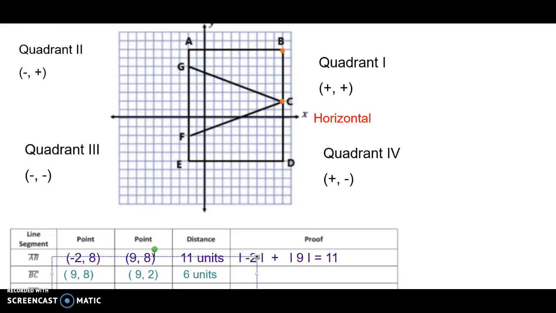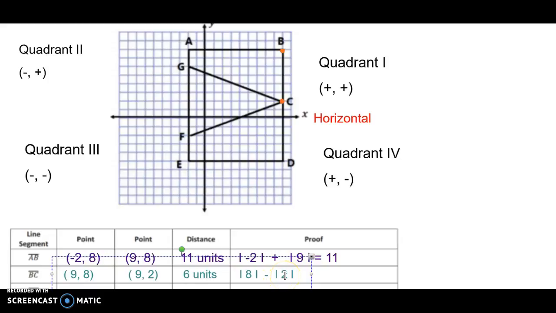So this is a little bit different than our first one. We notice, again, this time, our x-coordinates are the same. So they're both 9. And we need to think, though, since they're both the same signs, this is when we subtract. So we need to do our absolute value of 8 and our absolute value of point C. And the absolute value of 8 is 8.